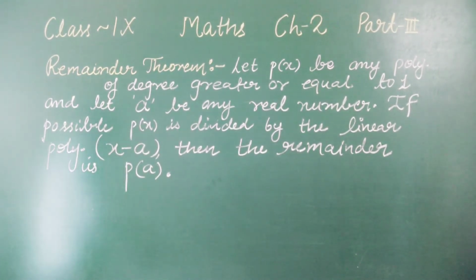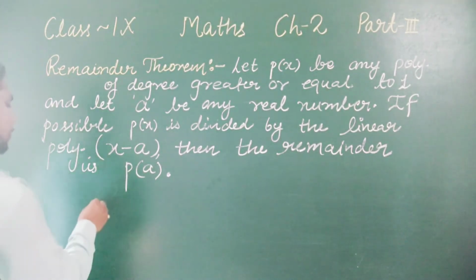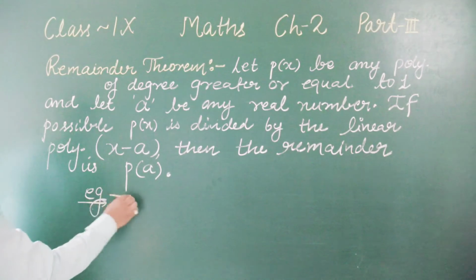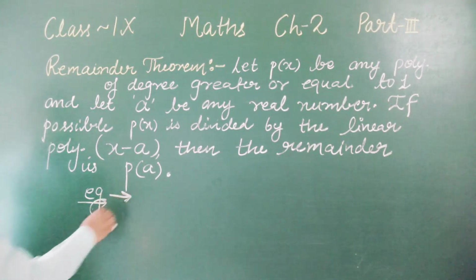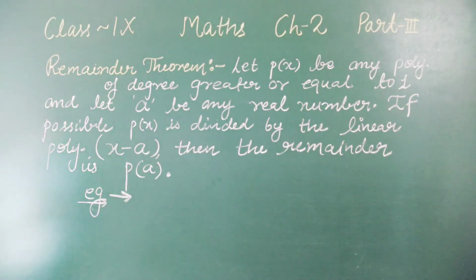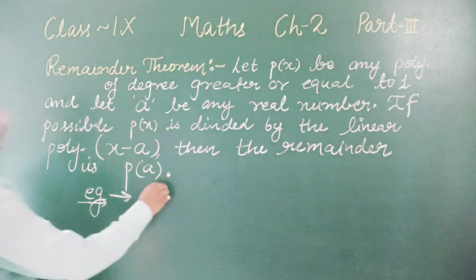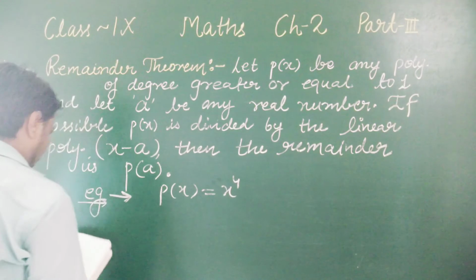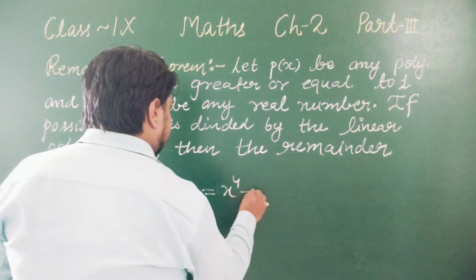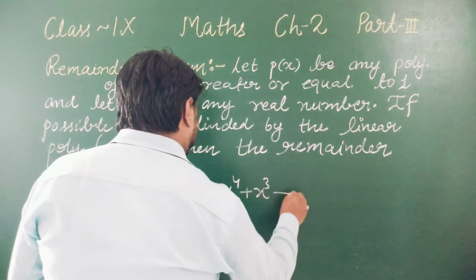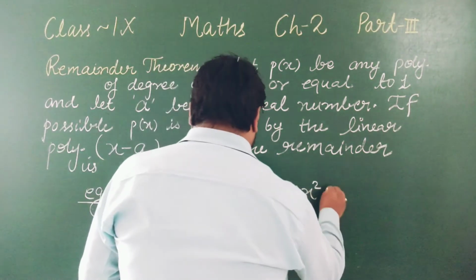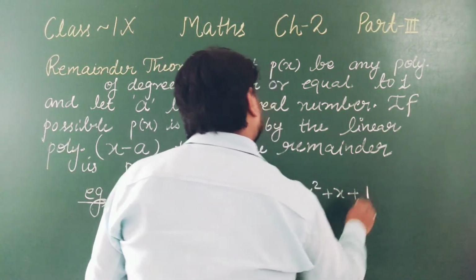We will understand it easily by an example. Suppose P(x) is x to the power 4 plus x cube minus 2x square plus x plus 1.